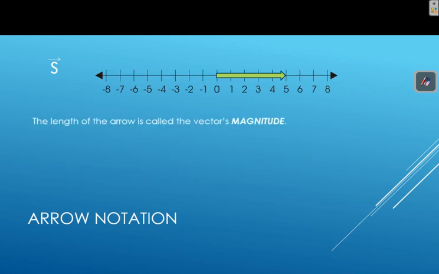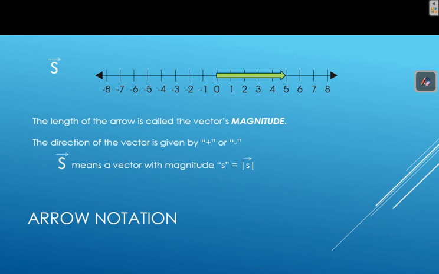The length of the arrow is called the vector's magnitude. In this case, that is 5 units. The direction of the vector is given by positive or negative. In this case, it's positive. So S with the arrow is actually going to equal positive 5 units, because S with an arrow means a vector with the magnitude, the length of the vector, equaling the absolute value of the vector.